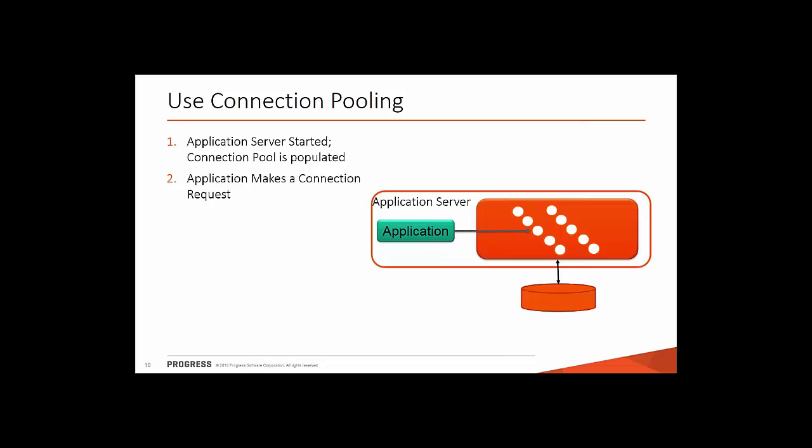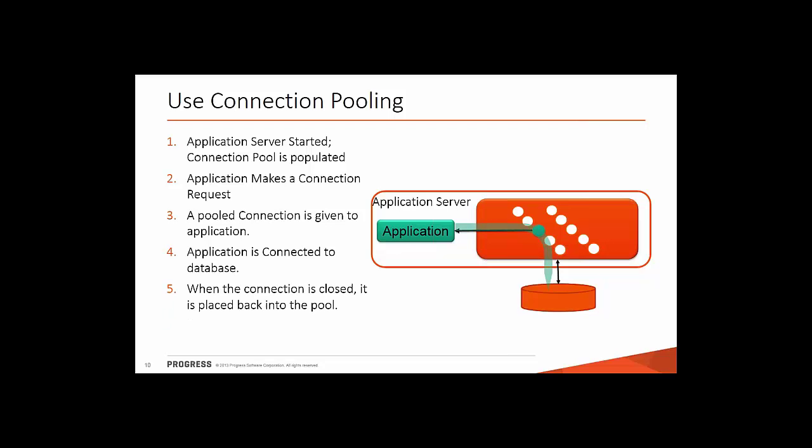That connection is available in the pool, so it is returned to the application. Now the application is connected to your database, doing all the operations necessary to execute the business logic. Once the work is done, your application closes the connection.